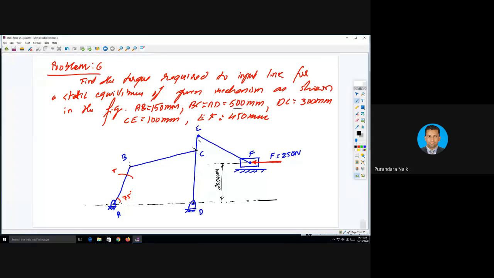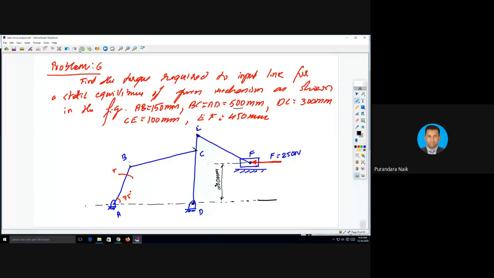Extend this DC. We have CE as 100. We'll get point E. Then 200 millimeter above, just draw one horizontal line. And you know the length of EF. Cut this line. We'll get a point here. At that point, we have to draw the piston. Correct?